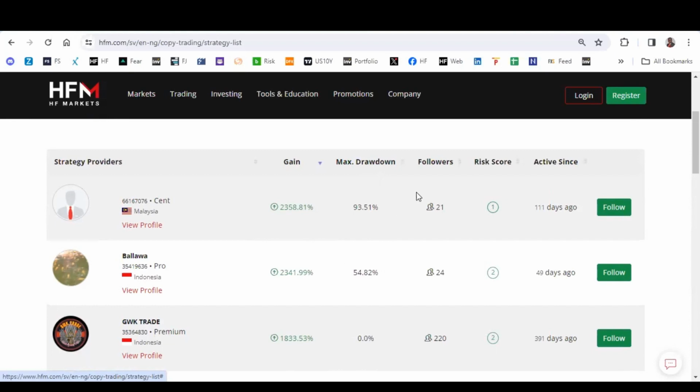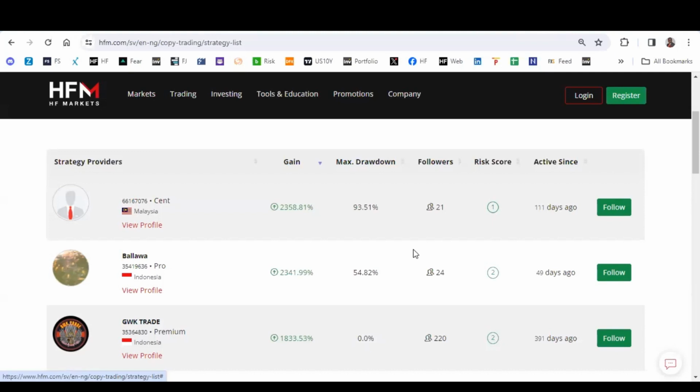The next column here talks about the followers. How many followers does this person have? Obviously, a higher number of followers showcases that a lot of people like the performance of this particular strategy provider, they are comfortable with the risk he takes, and they're very interested in continuing to follow him.